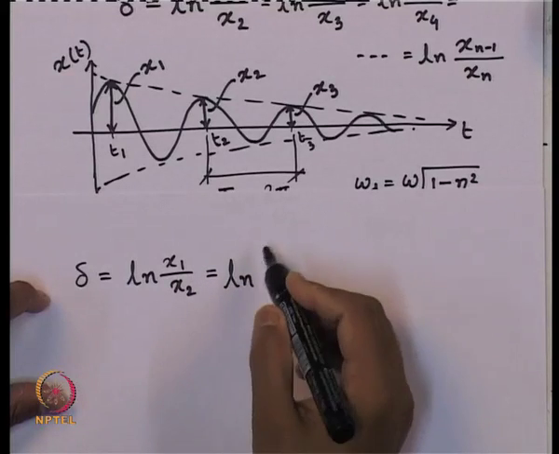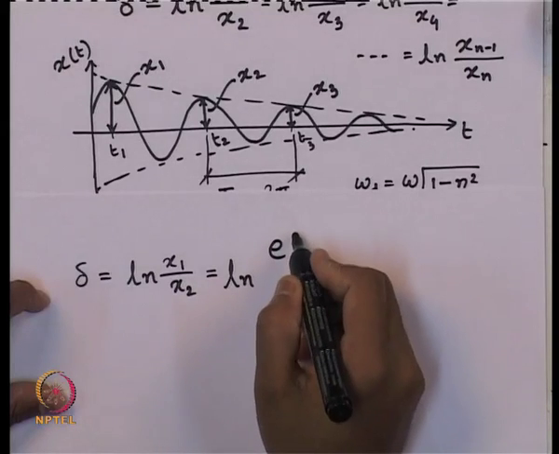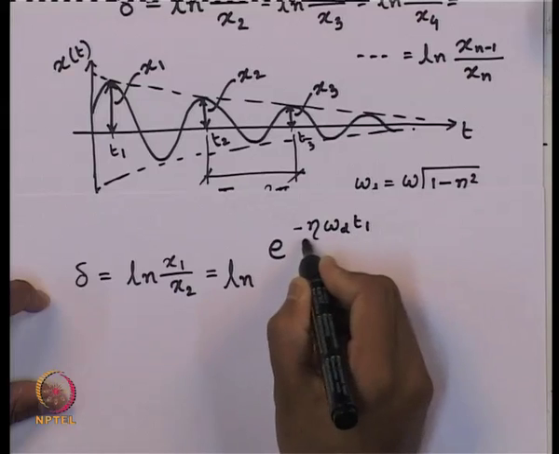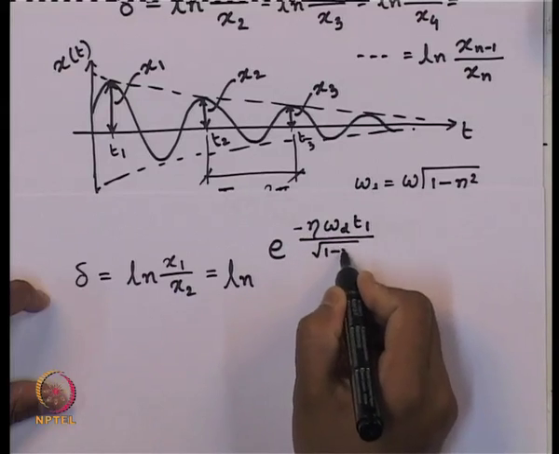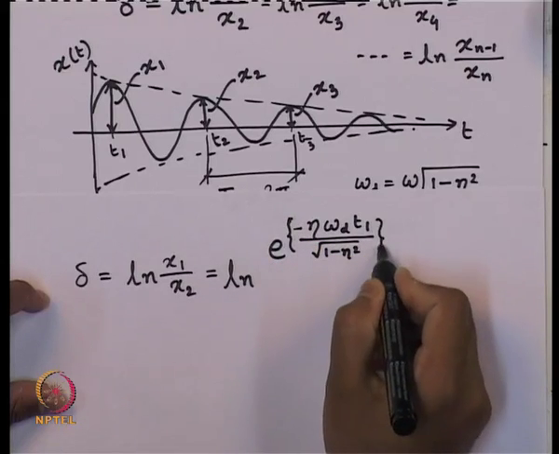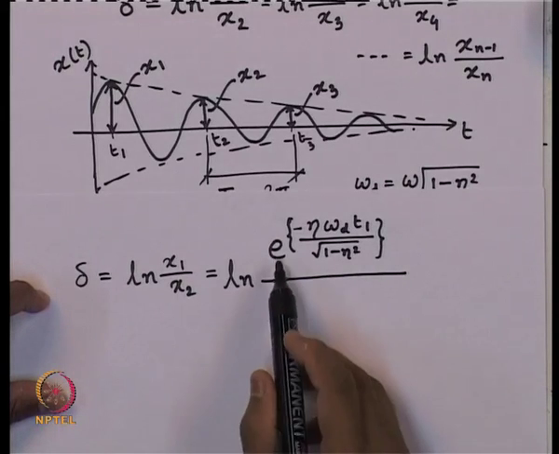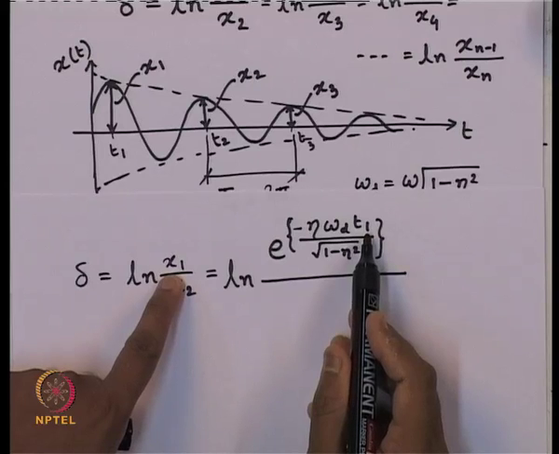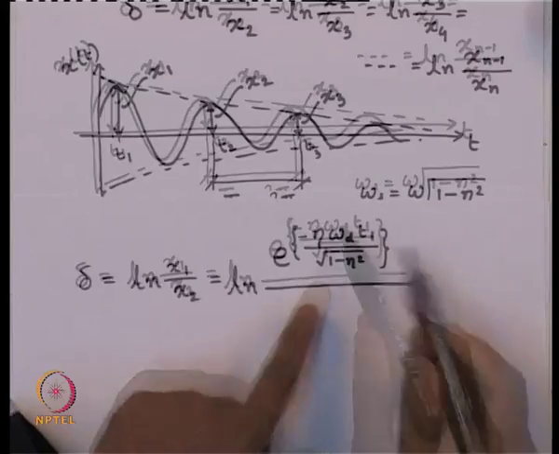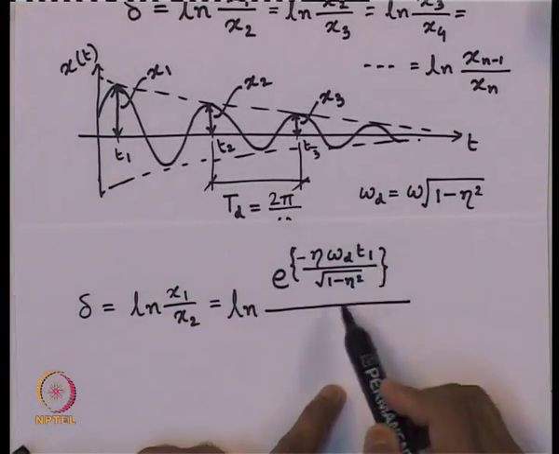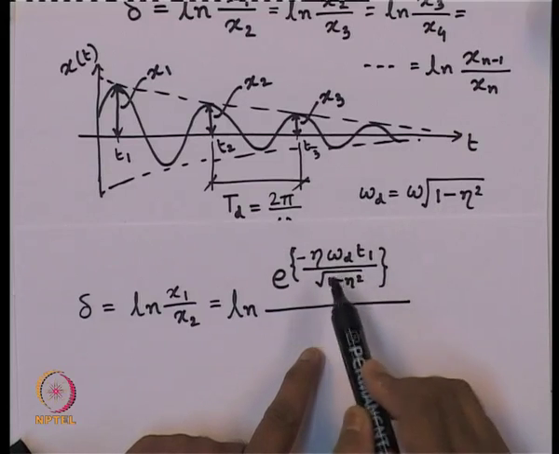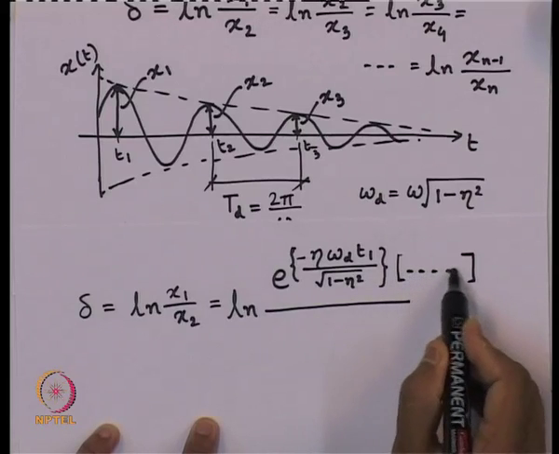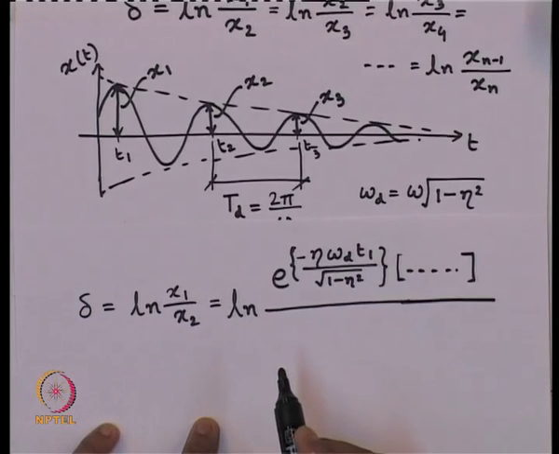We can rewrite it in the simple form like this: e to the power minus eta omega d t1 by root over 1 minus eta square, divided by, x1 was e to the power minus eta omega t, t is t1 for x1 here, and omega is nothing but, we know this expression, omega d by root over 1 minus eta square. So, I have put this expression here, then a function containing that harmonic function in terms of initial displacement and initial velocity.